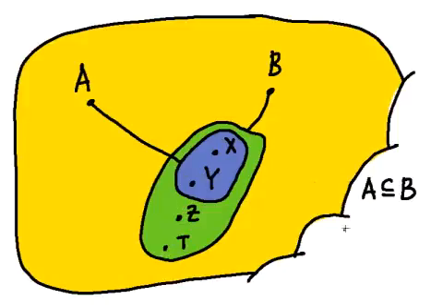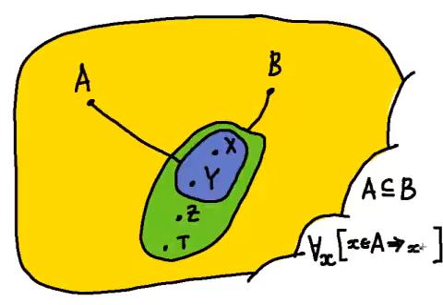Now, formally, we can write down the requirement that defines when A is a subset of B, like this, by saying that for every x, x being an element of A implies x is an element of B. Let's squeeze in a bit here, lack of space.